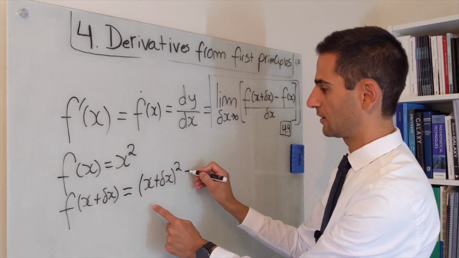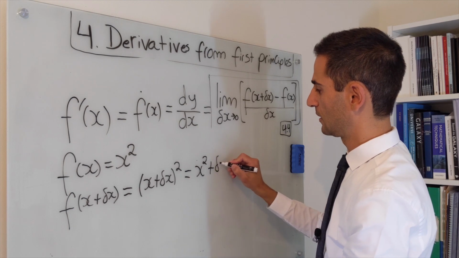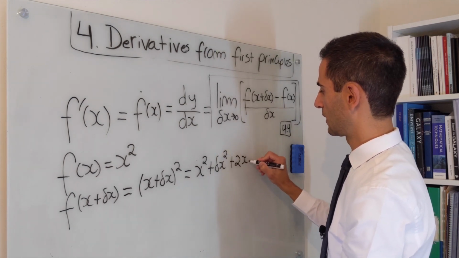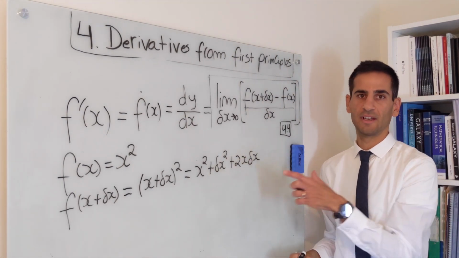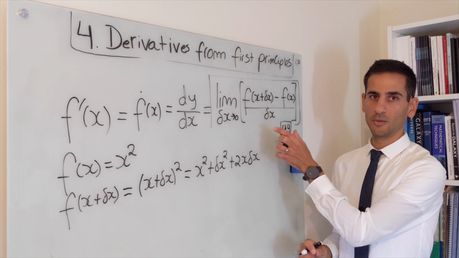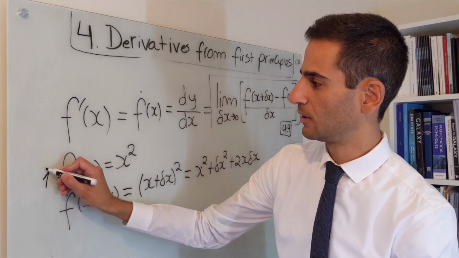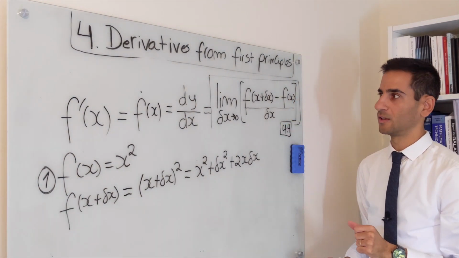And you can expand on this, so this gives you x squared plus dx squared plus 2 times x dx. So you have the basic ingredients to calculate the limit. So I would say that this is step 1. Step 2 is you're going to plug in into the formula.